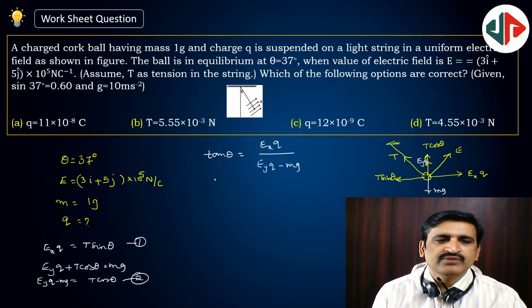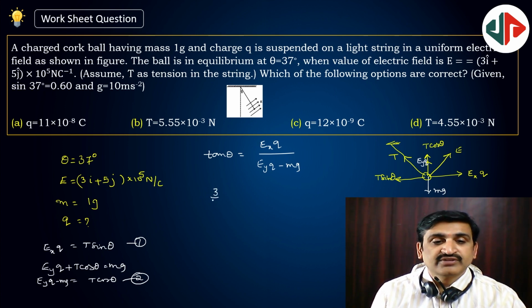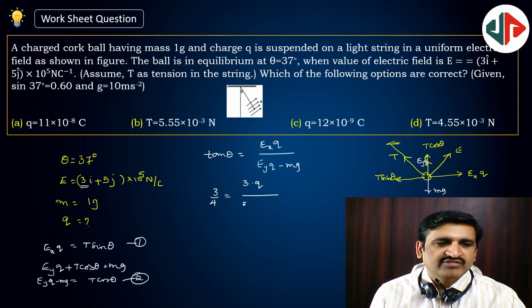Except Q. So tan 37 is 3 by 4. 3 by 4 is equal to Ex, Ex means 3, 3 Q I don't know, by Ey, Ey is 5 into Q into 10 to the power of minus 5 plus 5 is there.